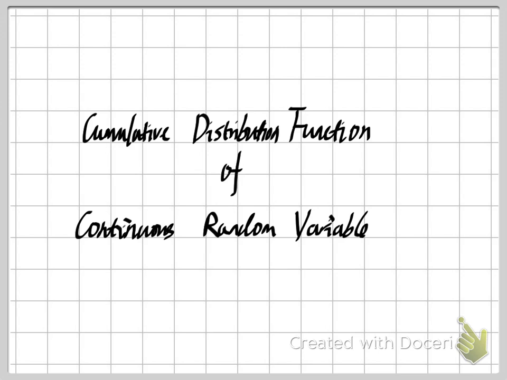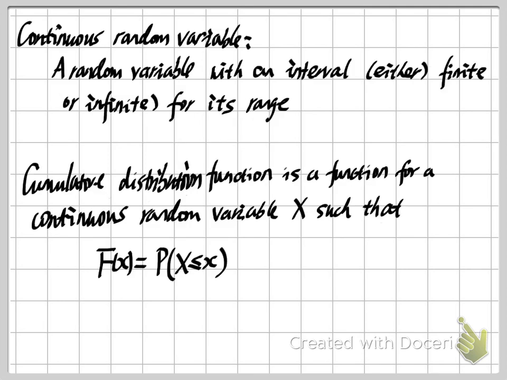So the definition of our cumulative distribution function looks like this. If you assume X is a continuous random variable, then the cumulative distribution function of this random variable X is actually the probability of capital X smaller or equal to small x.